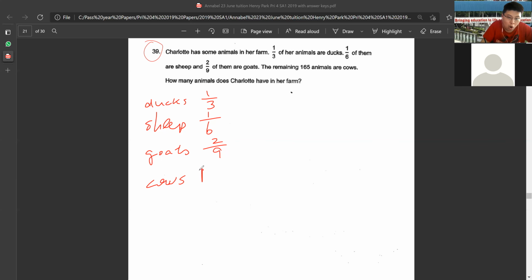You use one whole. Every time you forget one whole. I don't understand why you keep forgetting one whole. One whole minus the fraction, you get another fraction.